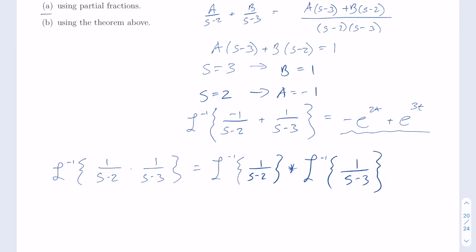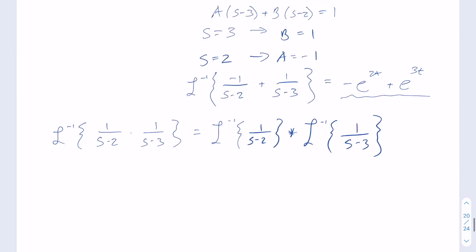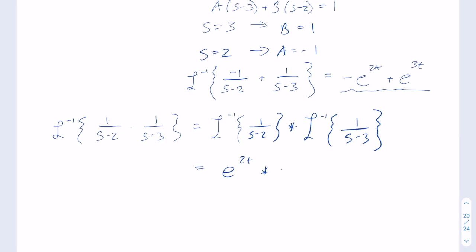So it's the convolution of these two things. Well, we know the inverse Laplace transform of that is just e to the 2t. And we know the inverse Laplace transform of this thing is e to the 3t.